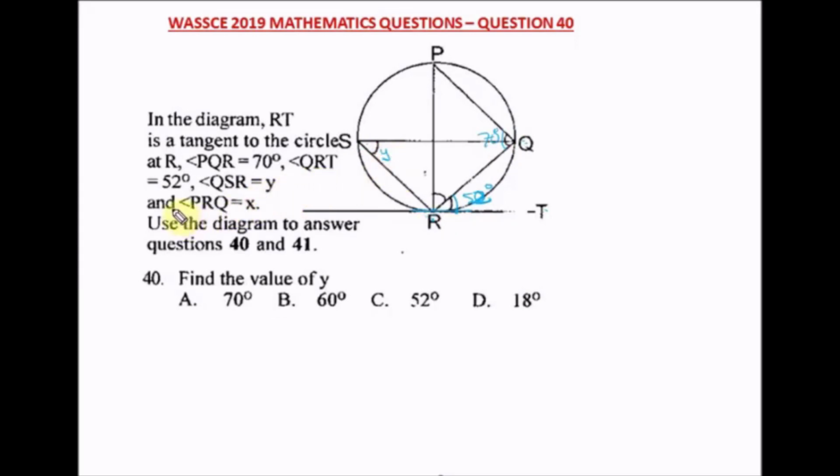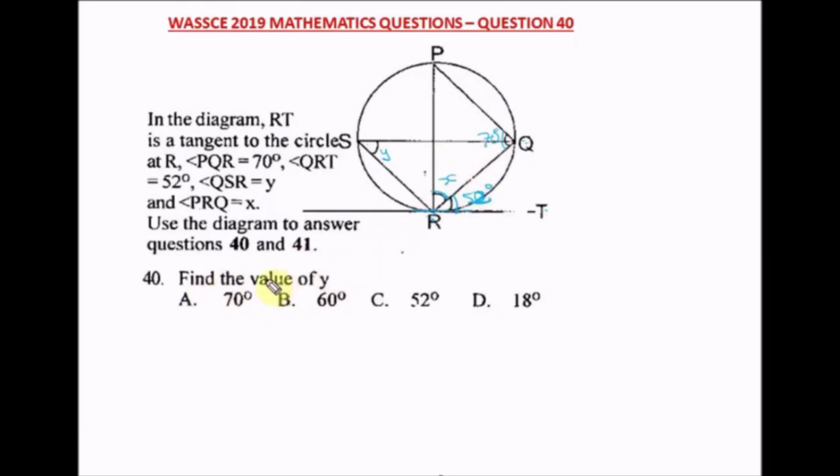Then angle PRQ, this angle here, is X, also unknown. It says use the diagram to answer questions 40 and 41. So we're going to use this diagram to answer questions 40 and 41.